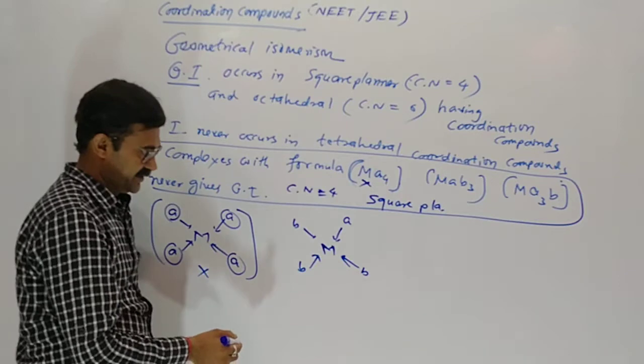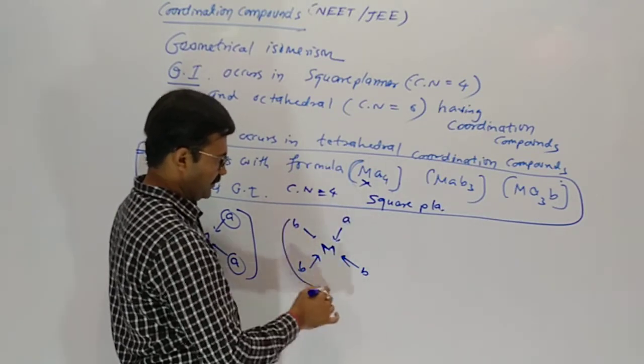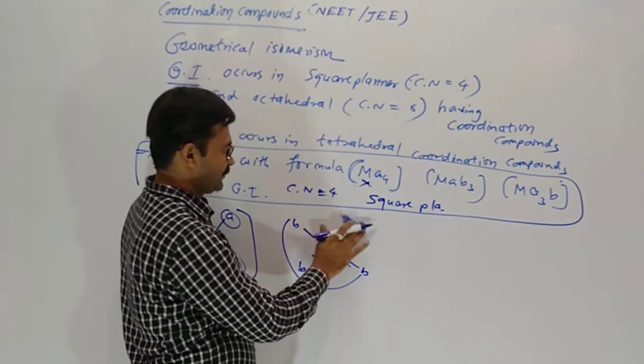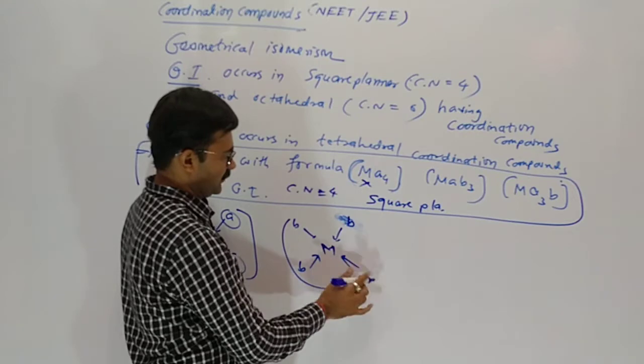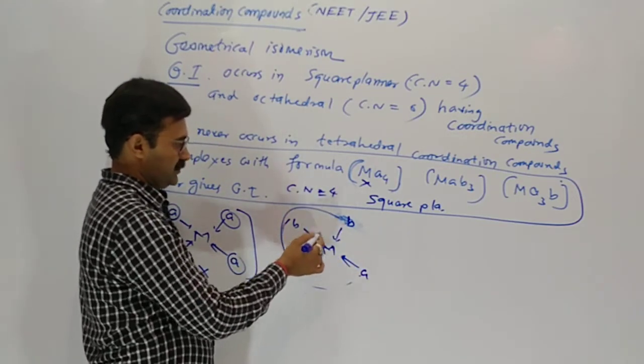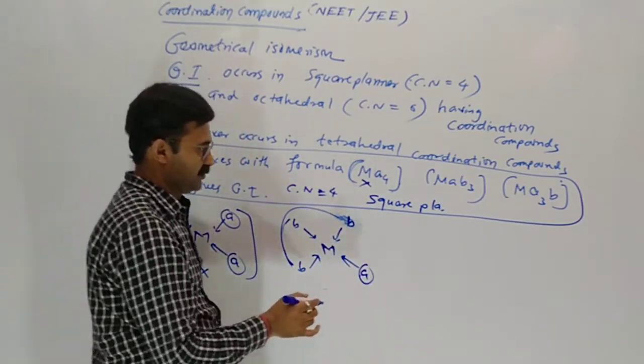If we change the place of A, the 3B are close to each other at 90 degrees and it remains the same. Suppose here is A; you can see the 3B are also at 90 degrees to each other. No other geometry occurs.